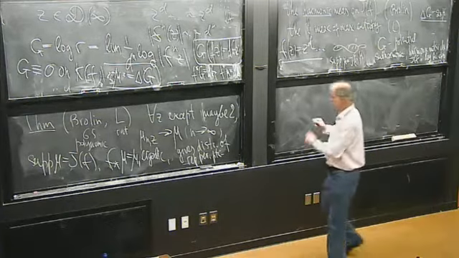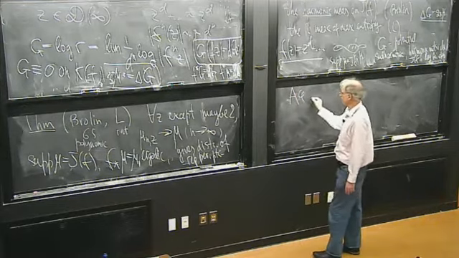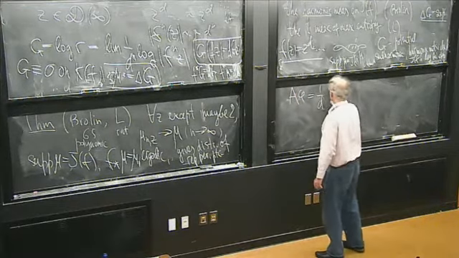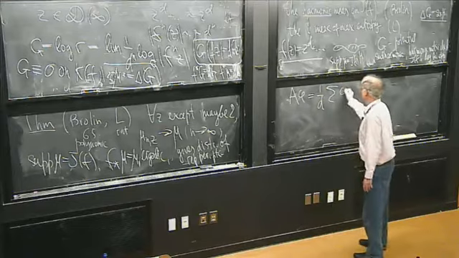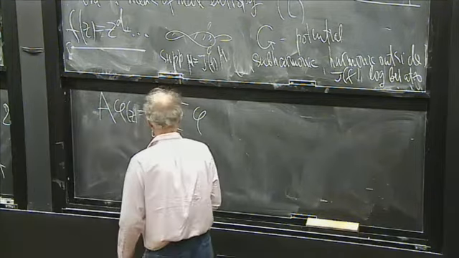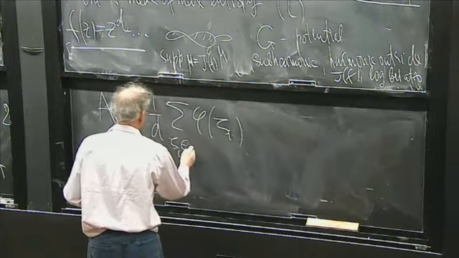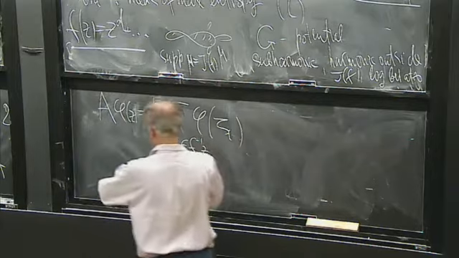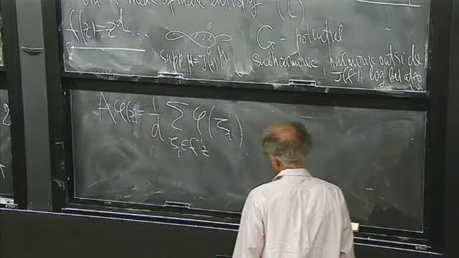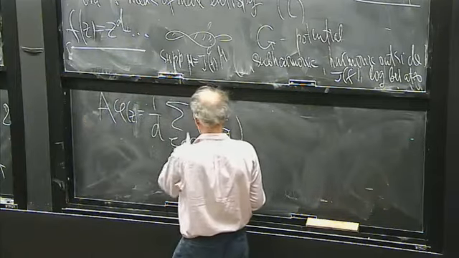So what I considered is the following operator acting in the space of continuous functions. It is an averaging operator over the pre-images. So A phi of z is equal to the average over the pre-images zeta_i of f inverse of z. I take some continuous function and I average this function over the pre-images of the point z.